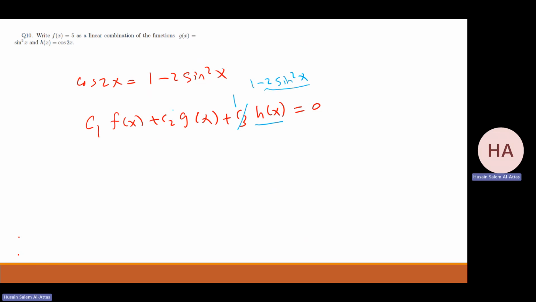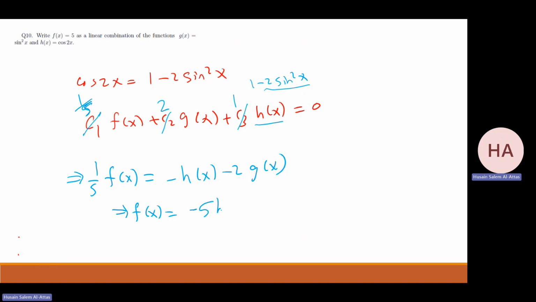So to kill this, I will make this 2. So 2 sine squared minus 2 sine squared goes to 0. And I will make this 1 over 5. So I have 1 over 5 f of x equals minus h of x minus 2g of x. So f of x will be minus 5h of x minus 10g of x.